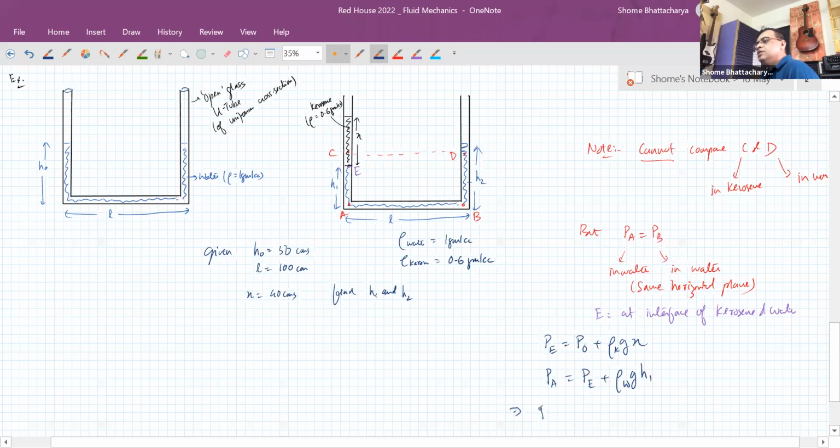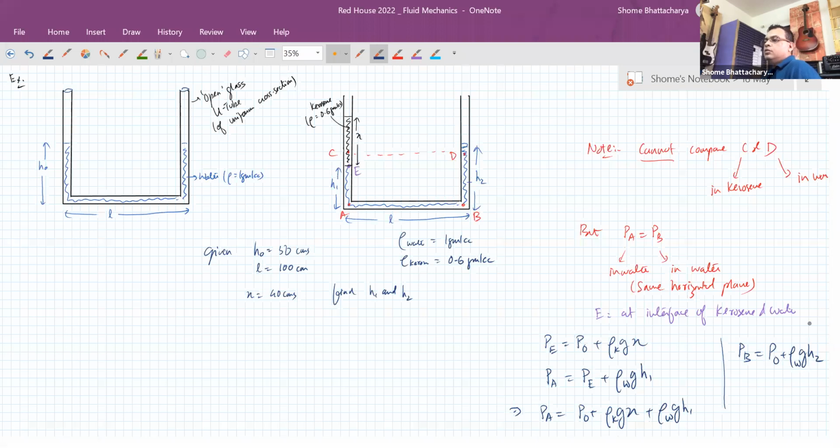So ultimately the pressure at the point A should be equal to atmospheric pressure plus density of kerosene into g into X plus density of water into g into H1. Whereas B is very direct. The pressure at the point B we can compare with the column above and see that it is atmospheric pressure plus density of water into g into H2.